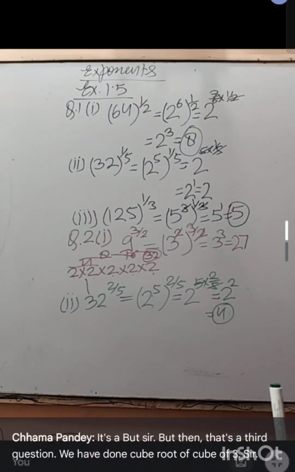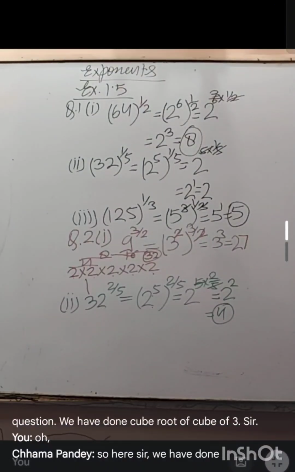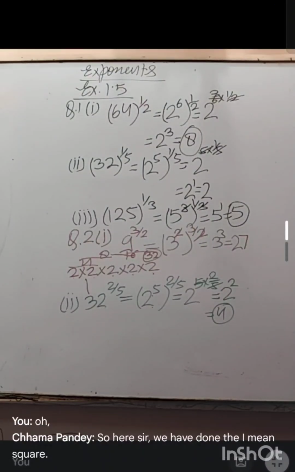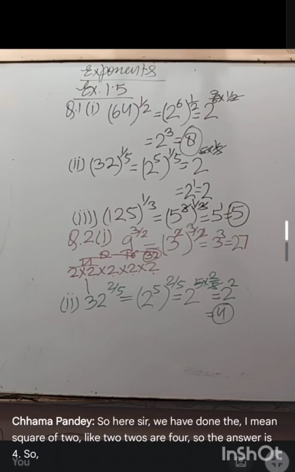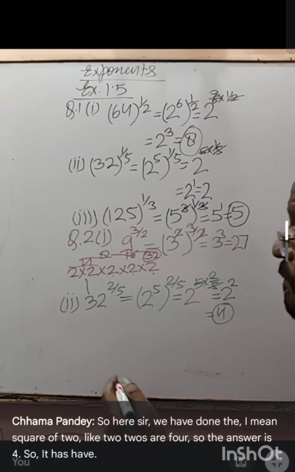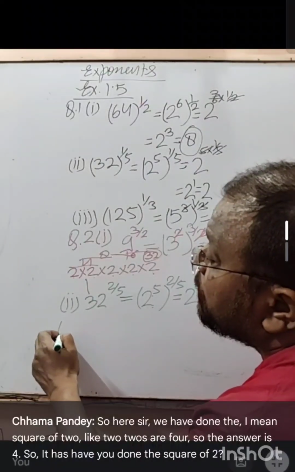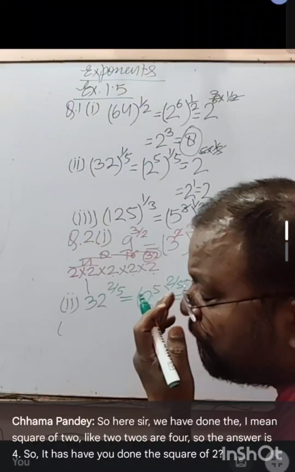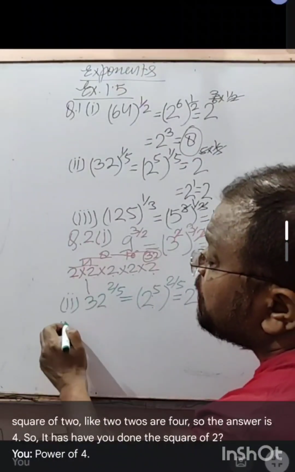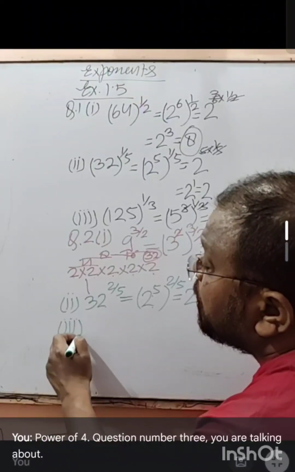Sir, here we have done the square of 2, like 2 2s are 4, so the answer is 4. Have we done the square of 2? Power of 4. Which question are you talking about?